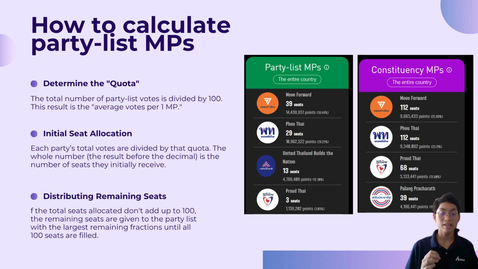Next is the initial seat allocation. Each party's total votes are divided by that quota, and the whole number, ignoring the decimal, is the number of seats they initially receive. And then they distribute the remaining seats: if the total seats allocated don't add up to 100, the remaining seats are given to the party lists with the largest remaining fractions until the 100 seats are filled.